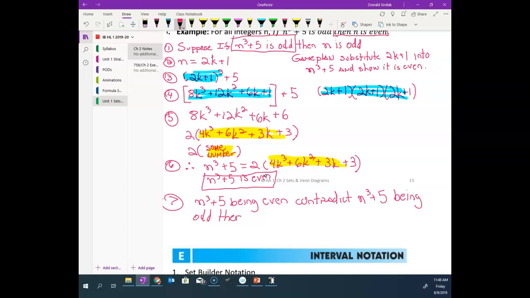Therefore, our assumption that n is odd is false. It is impossible. Therefore, n is even. So, n is even. Alrighty.